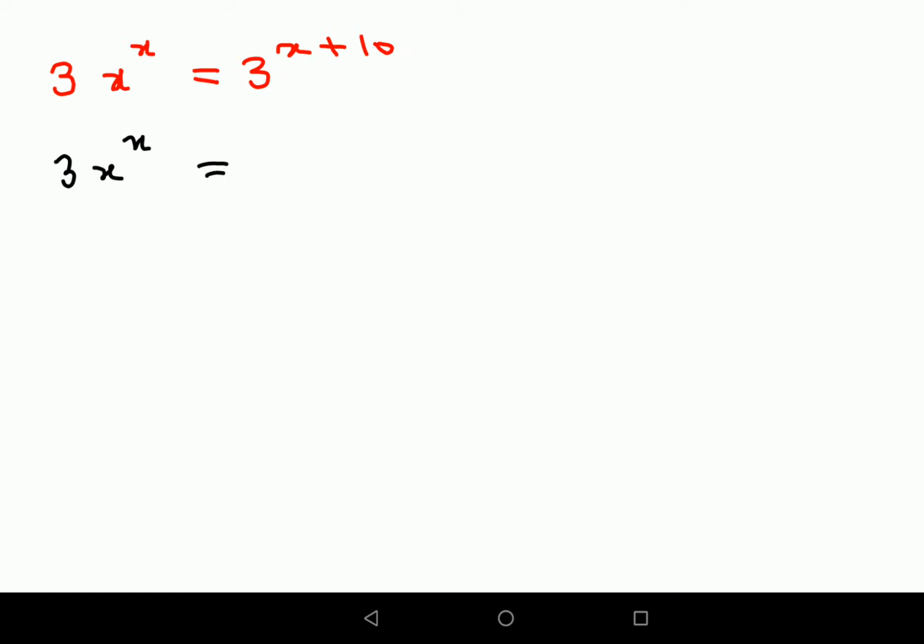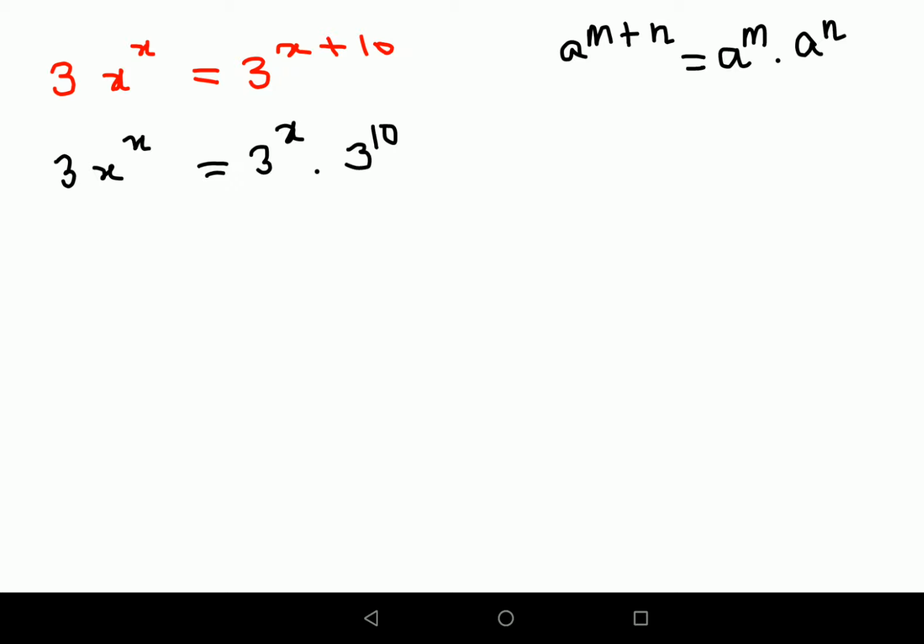Then your RHS looks like a raised to m plus n, which can be written as a raised to m into a raised to n. Using the same logic, I can write this as 3 raised to x into 3 raised to 10.